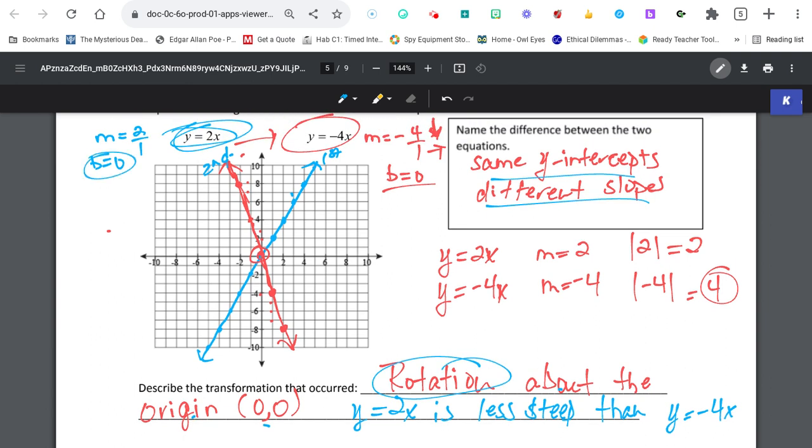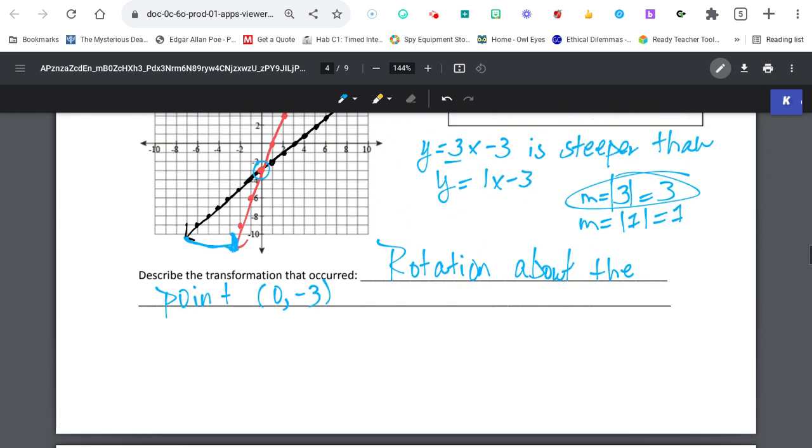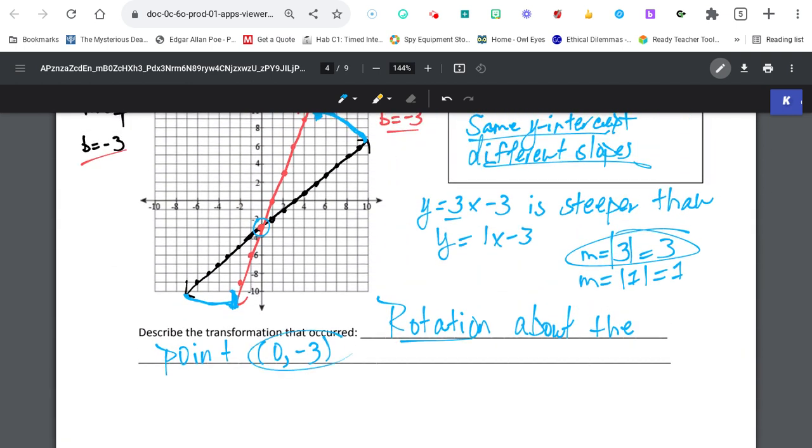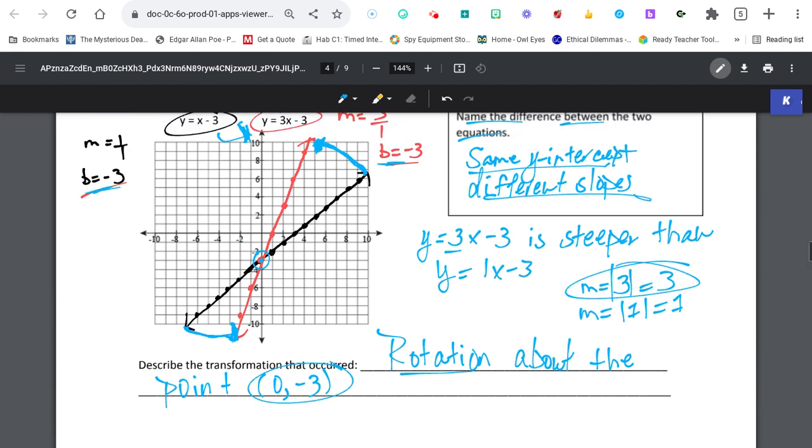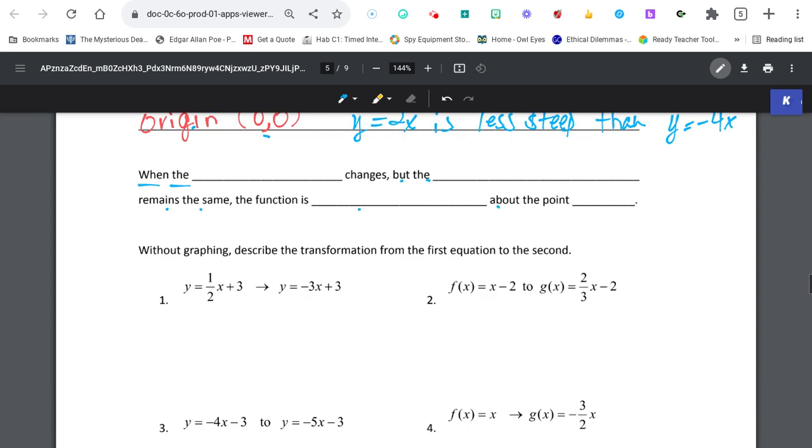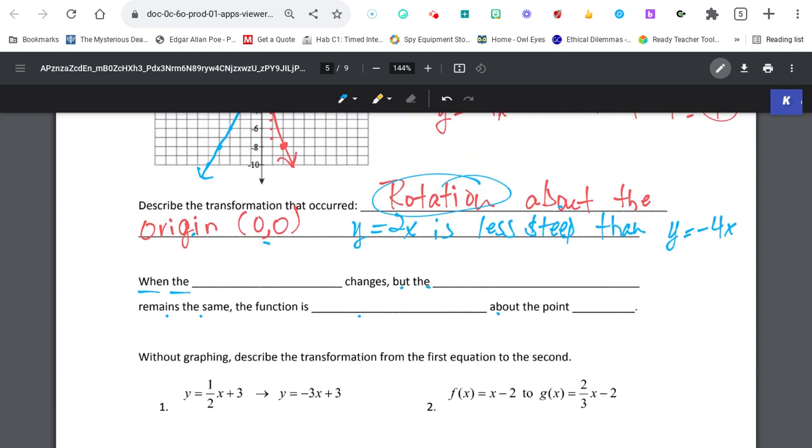Okay? 0 was my y-intercept. This was rotated about the point 0, negative 3. 0, negative 3 was my y-intercept. All right, so we're going to put when the slope changes, but the y-intercept, also what we call the initial value, guys, remains the same.